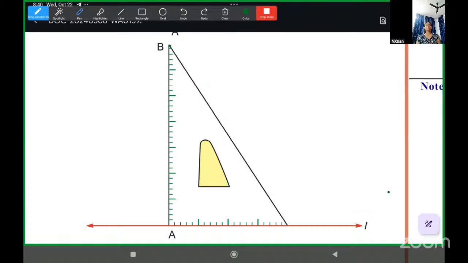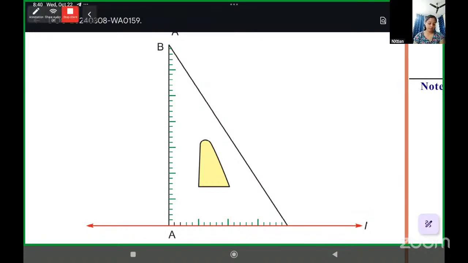Done, ma'am. Now this is your perpendicular line. This AB is your perpendicular line on L. L is the base line. AB is perpendicular on L. Okay, done. Can you show me?